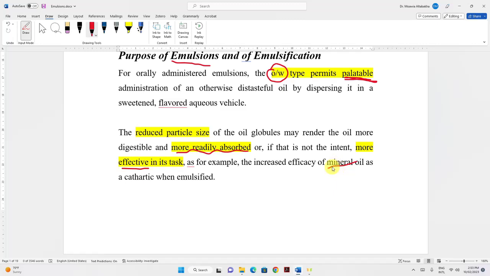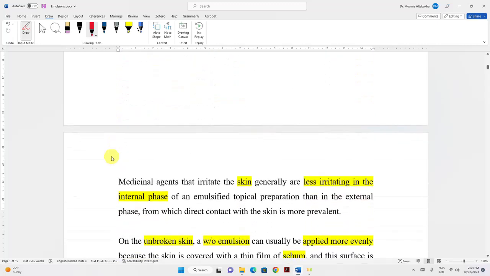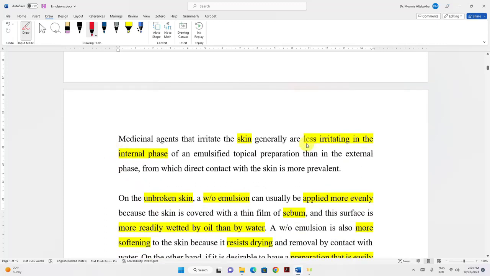So making mineral oil, or liquid paraffin, which is the other name for mineral oil, in the form of emulsion is not only improving the taste but also making it more effective as a laxative. So there are other reasons: palatability, better absorption, more effective, and another thing, it's less irritating.